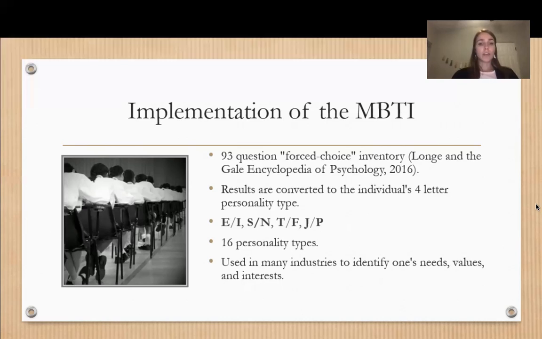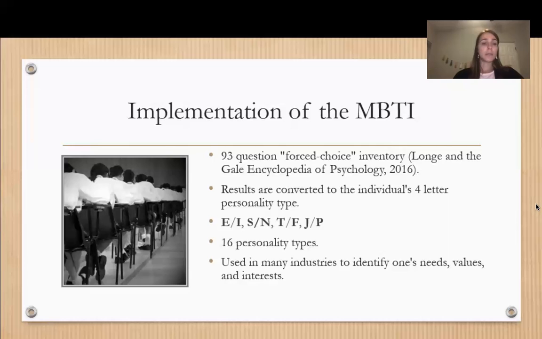So we take those extroversion, introversion, sensing, intuition, thinking, feeling, judging, and perceiving. And based on the questionnaire's results, that's converted into a 4-letter personality type. And there are 16 combinations of personality types based on those 4 letters. In many industries, like Marilyn said, it can be used in career counseling.